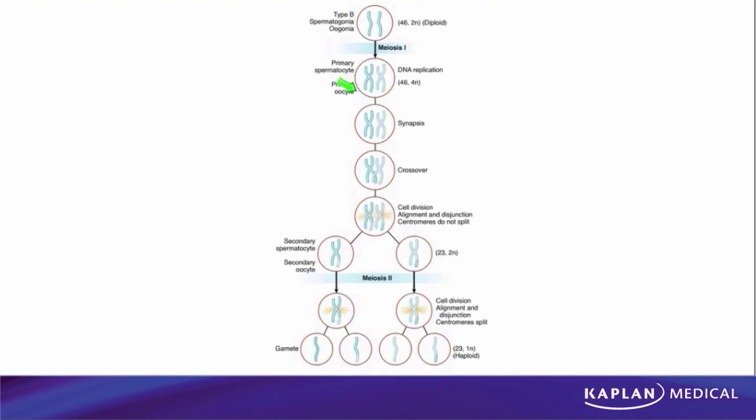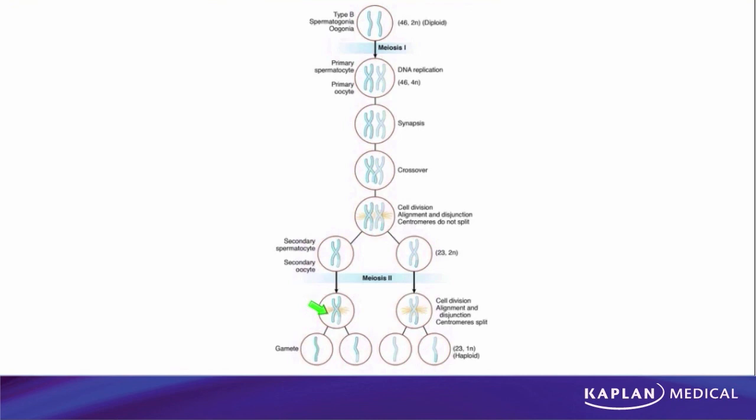It may have been arrested for 20 years, 30 years, 40 years, before finally getting through the process to ovulate as a secondary oocyte arrested at metaphase. So what is ovulated each month is not an ovum, but a secondary oocyte arrested in metaphase.